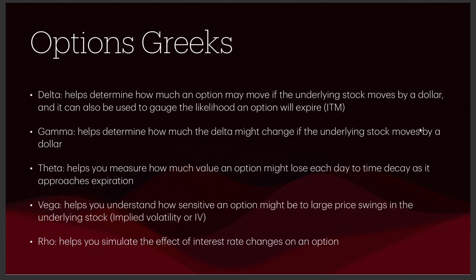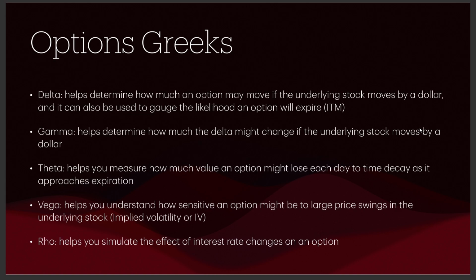What I mean by this for delta is, if Amazon goes up $1, and maybe this will be a good exercise for chat, hopefully you guys are able to type in chat here. If Amazon goes up $1 and my delta is 0.5, how much is that option going to move?